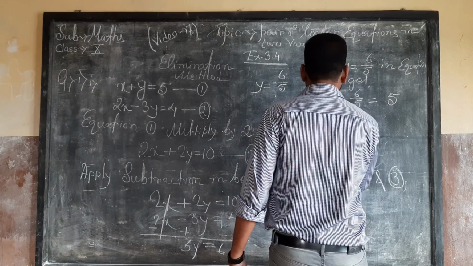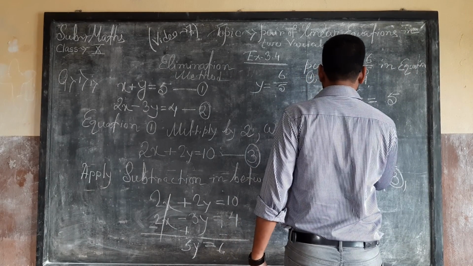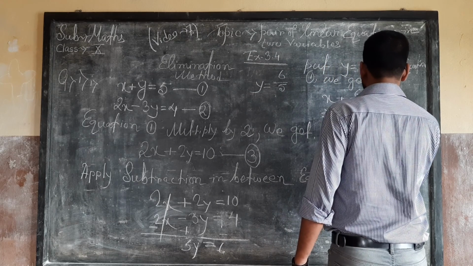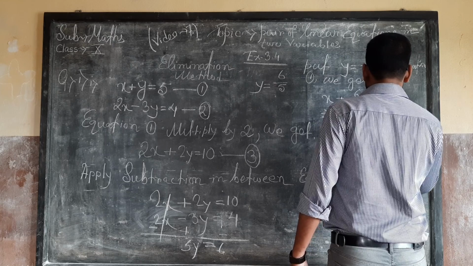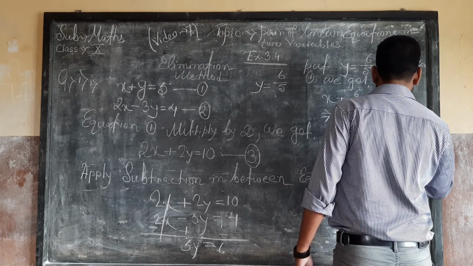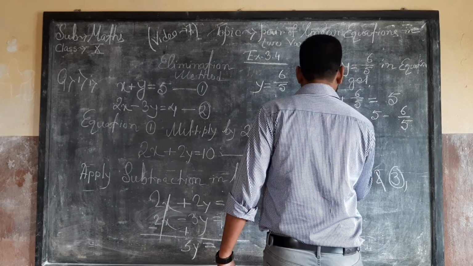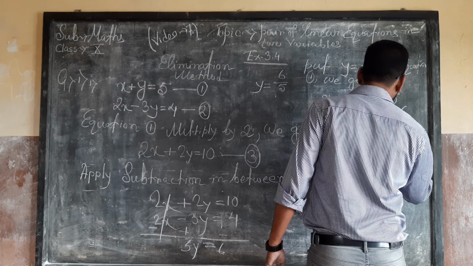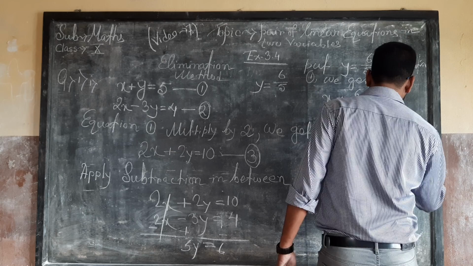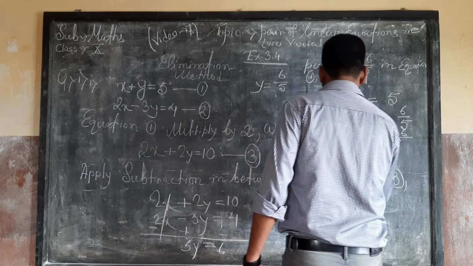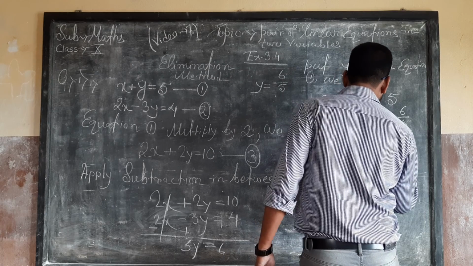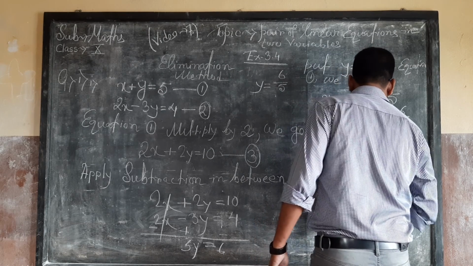From this we can write x is equal to 5 minus 6 by 5. That means x is equal to 25 minus 6 by 5, that means the value of x is nothing but 19 by 5.